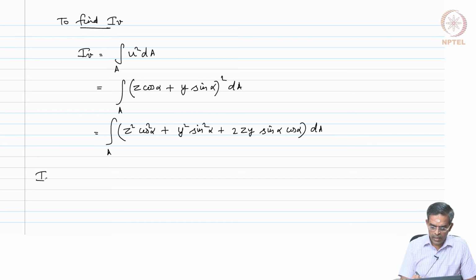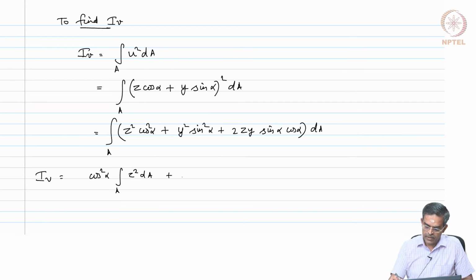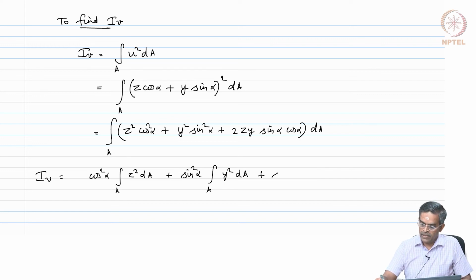Now, I can write Iv as cos square alpha integral z square dA for the whole area A plus sin square alpha integral y square dA for the whole area plus sin 2 alpha integral zy dA over the whole area.